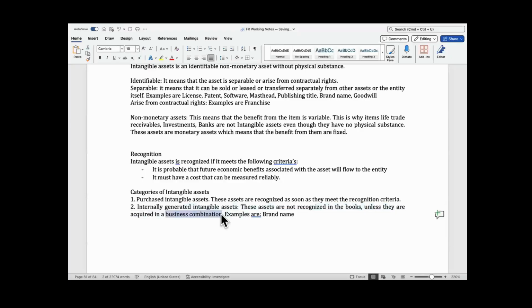It means that you are buying another company, and you are now paying for the brand name. So we know how much we are paying, and that is why we can recognize it in our books. Brand names are not recognized unless they're acquired in a business combination. That's where you see us putting it in our books.